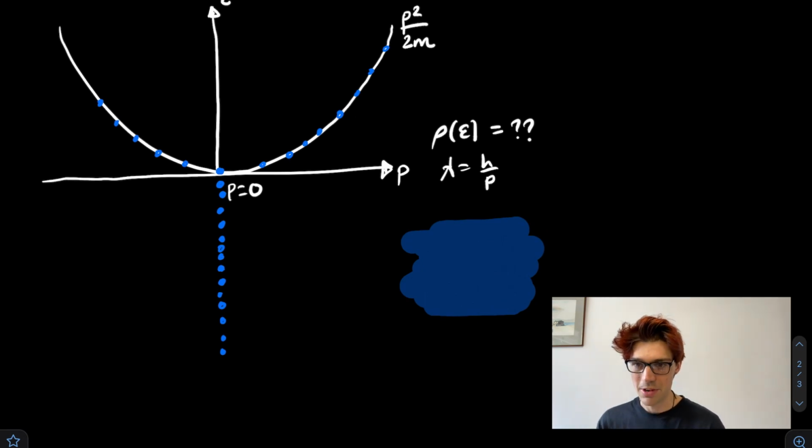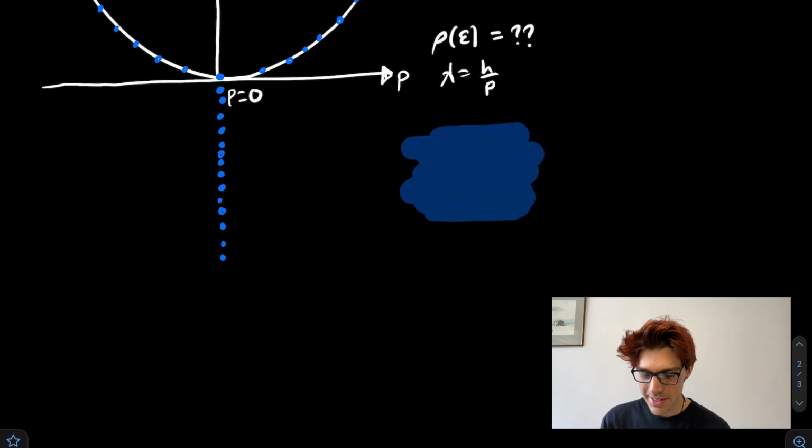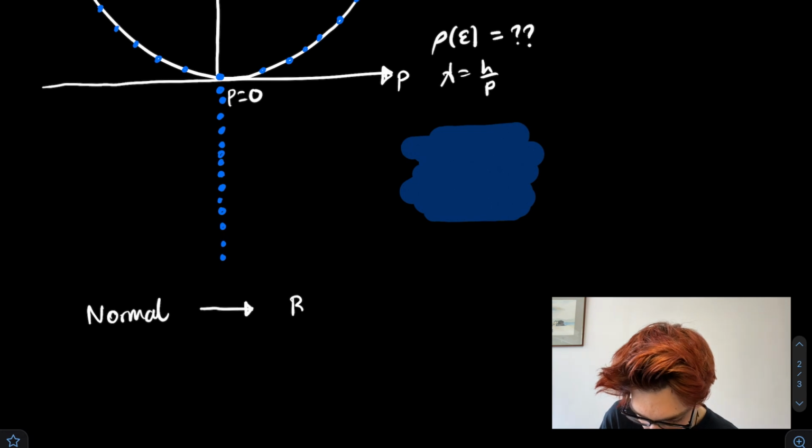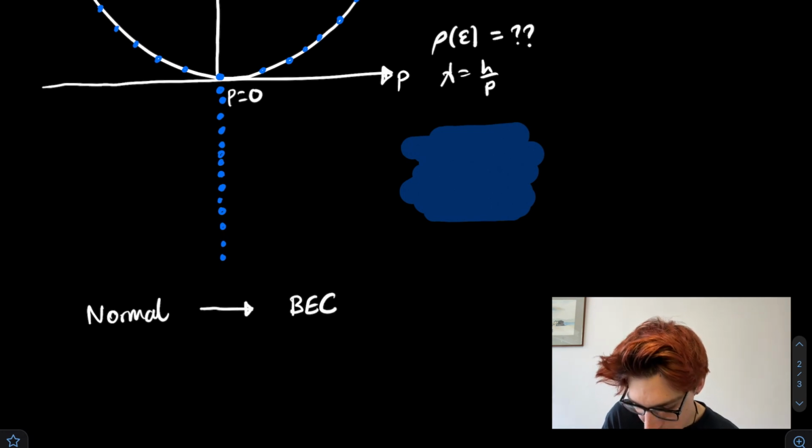And you can get some really cool effects from the Bose Einstein condensation, and we're going to talk about a few in a moment. But what I just wanted to touch upon is this transition from normal gas behavior to Bose Einstein condensation. This is an example of something more general in physics.